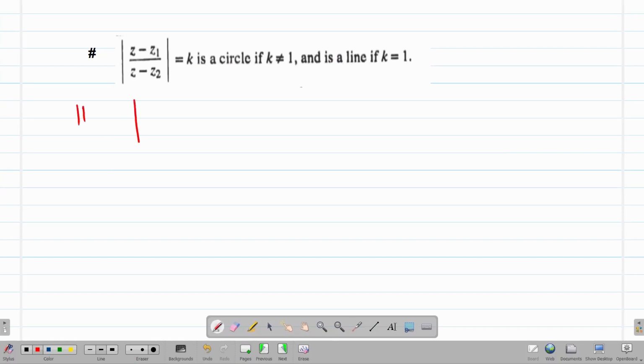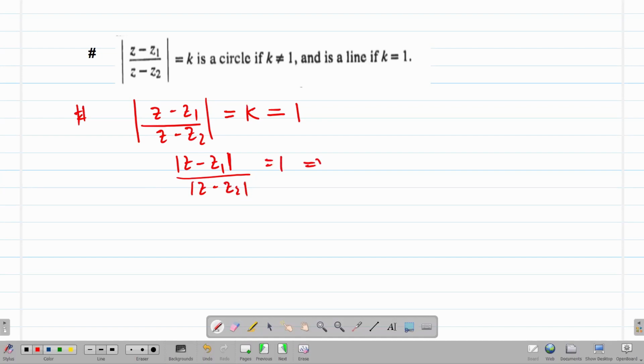If mod of z minus z1 upon z minus z2 is equal to k, and suppose that k is 1, then as we know, in division the mod can be broken into two parts: mod of z minus z1 upon mod of z minus z2 is equal to 1, and further I can write this as this. And what is this? This is the locus of z, a perpendicular bisector, so that is a straight line.